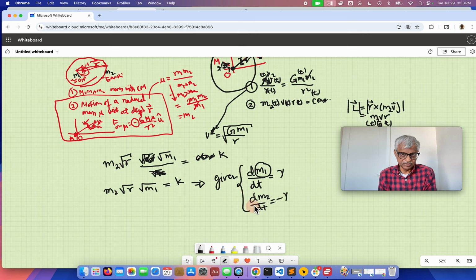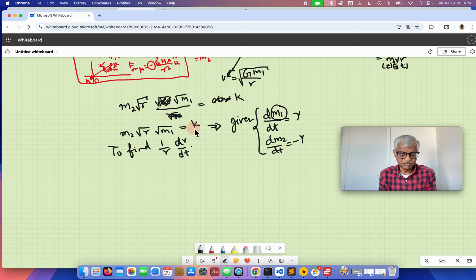These are given to us, so the same rate of increase. We're supposed to find, from here, 1 over r dr/dt in terms of all of this.